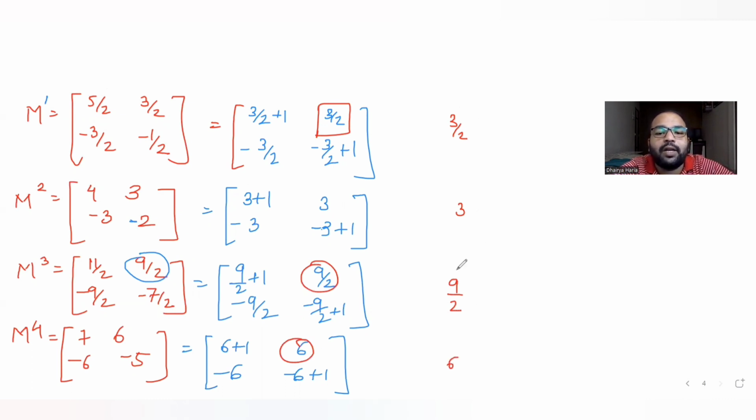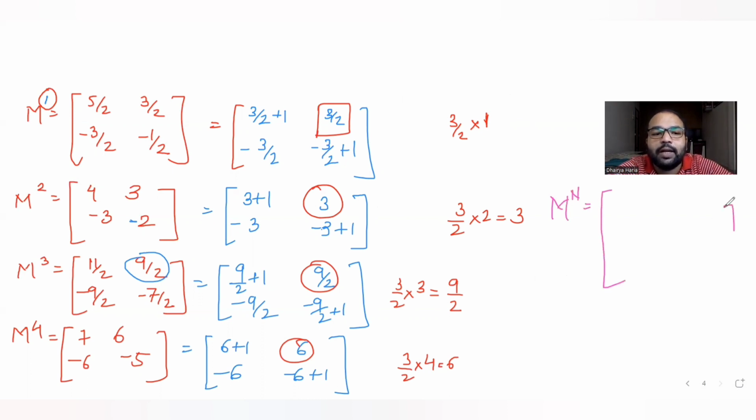So the pattern being formed is that we multiply 3/2 with the exponent of the matrix. 3/2 into 1 gives you 3/2. 3/2 into 2 gives you 3, which is your second term. 3/2 into 3 gives you 9/2, the second term of M cubed. 3/2 into 4 gives you 6, the second term of M to the 4. So for any m raised to n, the second term is 3/2 into n, where n is the power.